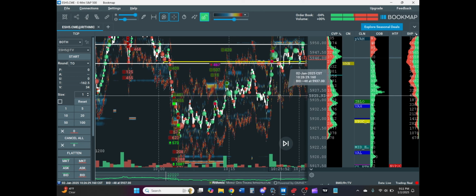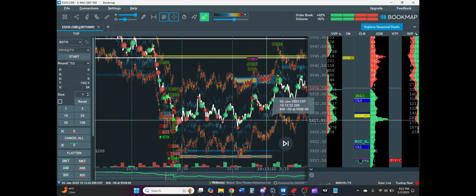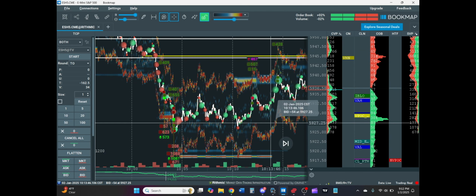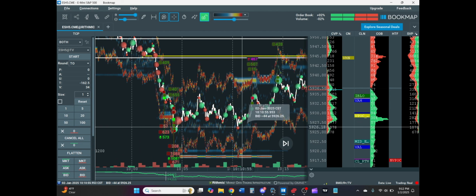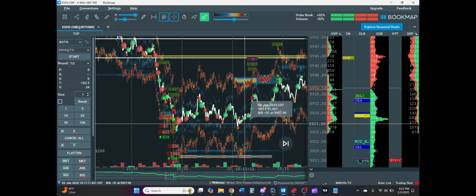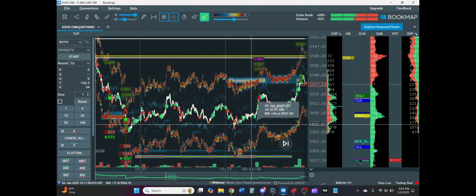So back in mean reversion. Now some people might take this long after we kind of find a balance here, but it's always the question, where do you get in? Is it the bottom? Is it the outside edge of this mean reversion? Those are difficult to pick, but something to look at.